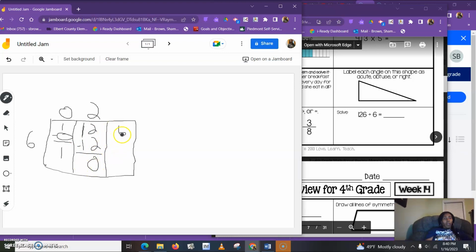And I don't have anything to bring over this time. So I just divide 6 divided by 6 and I get 1. Then I multiply 6 times 1 and I get 6. And I subtract that and I get 0. So that means this is my final answer, 21.